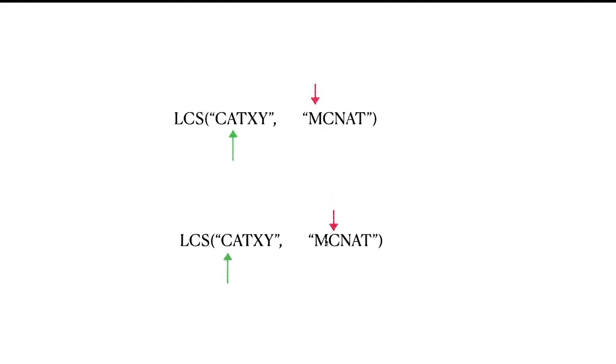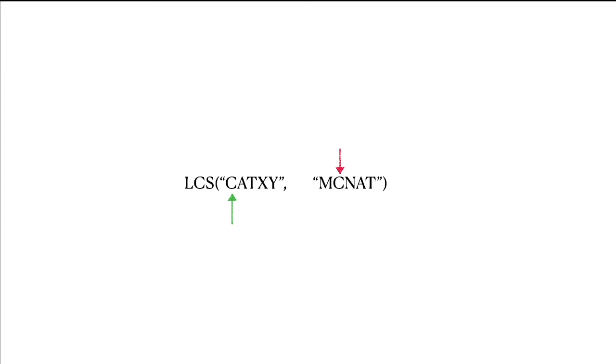And so let's try to solve for this subproblem and see how we go about doing that. So in this case, you can see that the characters that the two pointers are pointing at are the same. So that means now this will be contributing something to our answer.